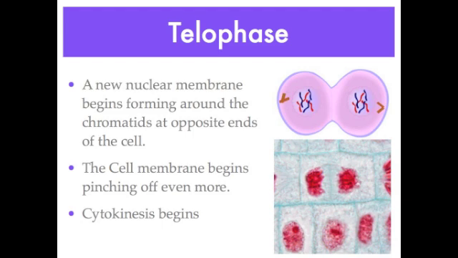The real life picture that's at the bottom of this slide, you guys can almost see those little spindle fibers kind of in the middle there. They almost make that little line. But everything has kind of moved back to opposite sides of the cell. So now the cell hasn't completely split yet, you guys can see. But we have two nuclei that are very visible.